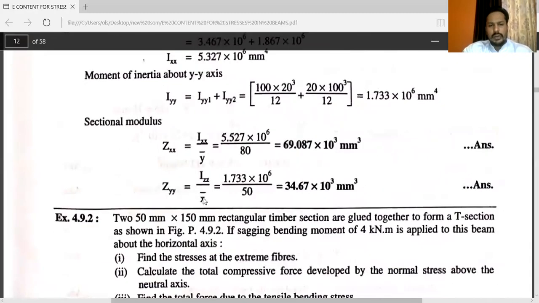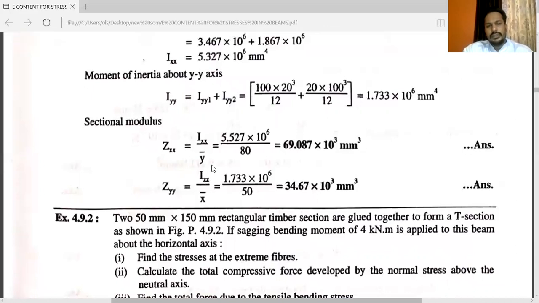So here we have the value of x bar, that is 50. Here this one is Iyy. So we have the values of Ixx and y bar, and Iyy upon x bar. So the answer will be Zxx is equal to 69.087 into 10 raised to 3 mm cube. Unit is very important. And Zyy is equal to 34.67 into 10 raised to 3 mm cube.